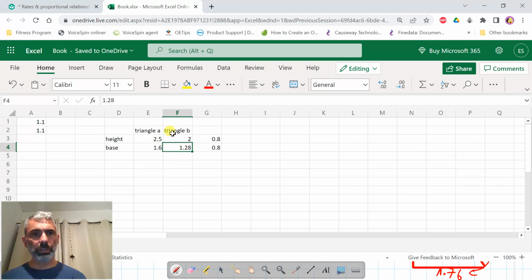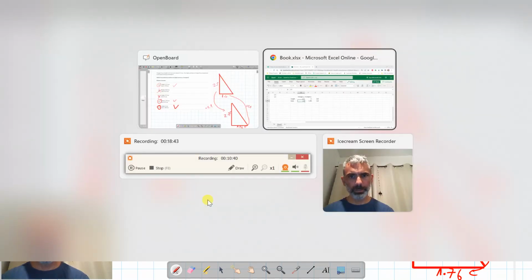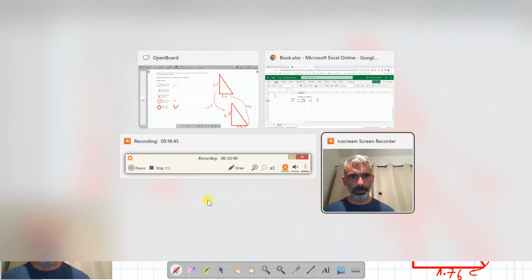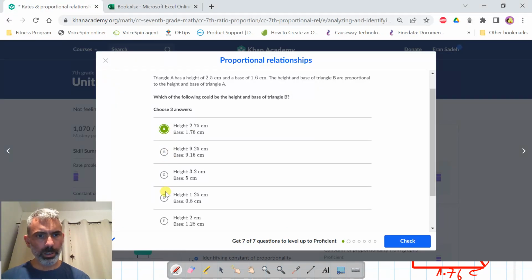So the height and base of triangle B are proportional to the height and base of triangle A. So E is also good. So we have A, D, and E.